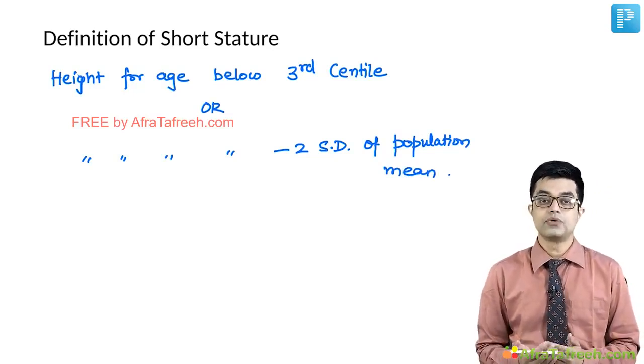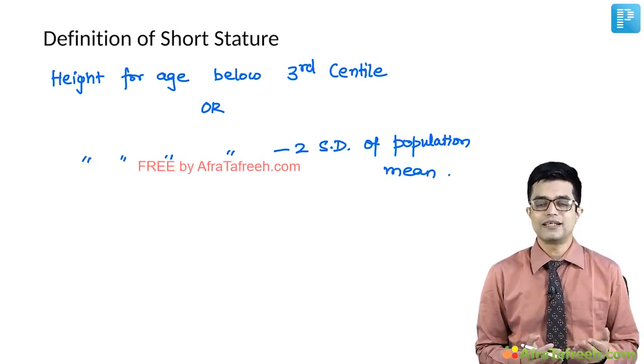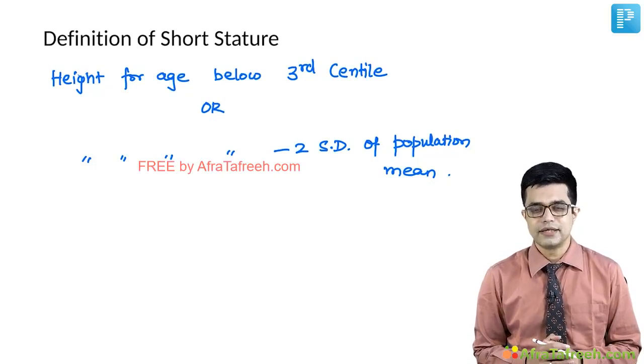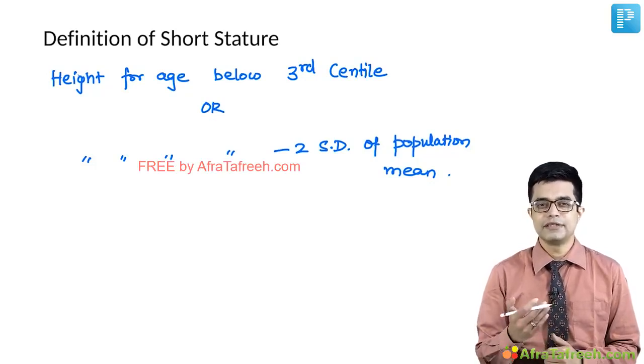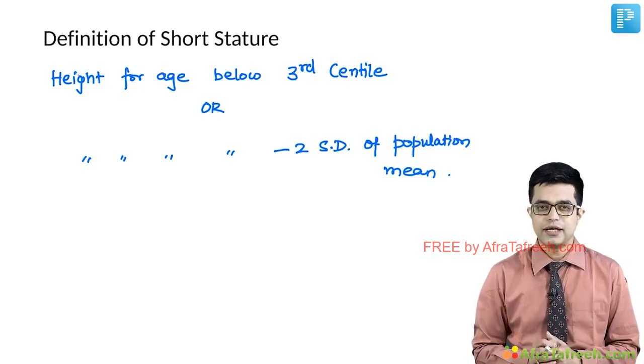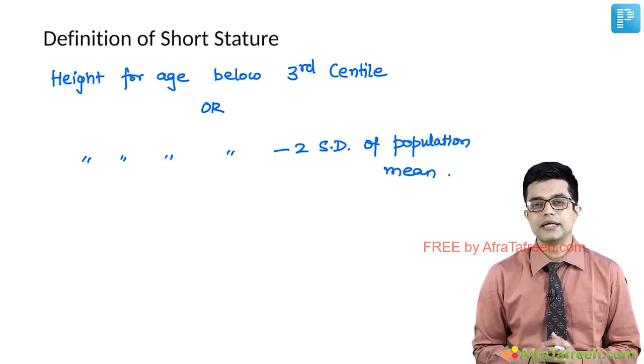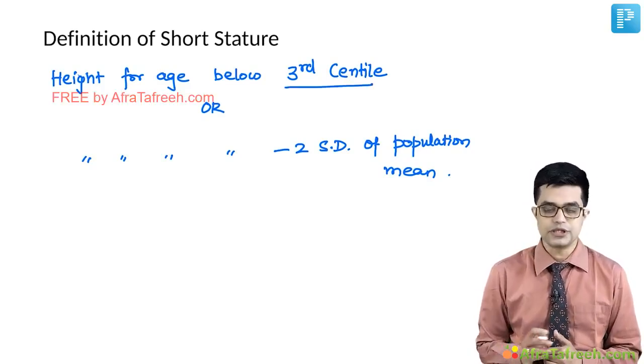Because if you look at the growth charts, there are two types of charts available. One type of chart is based upon centiles. In centile charts, you will have the 97th, 50th, 10th and 3rd centile. So when you plot on that chart, if the age-related height of the child is below the 3rd centile curve, then we call it short stature.